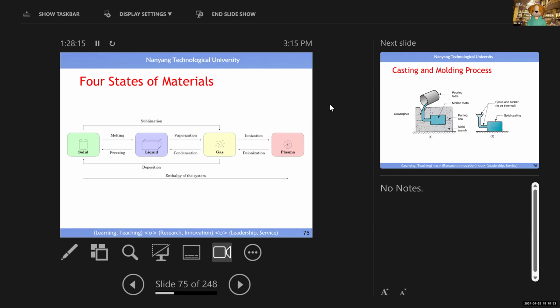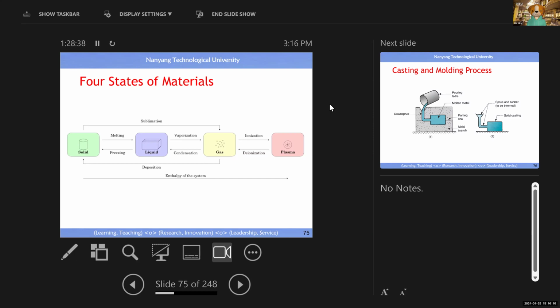The easiest way to change geometry is when the material is in the state of gas or liquid. But the drawback is what? In the state of gas, when you change the geometry, the material cannot remain at the desired geometry. After a while, it changes, right?